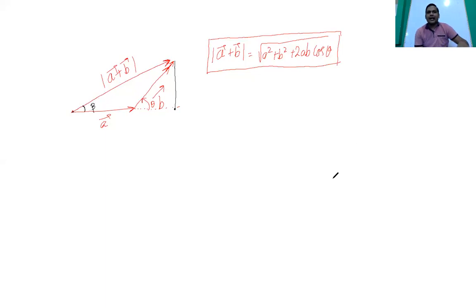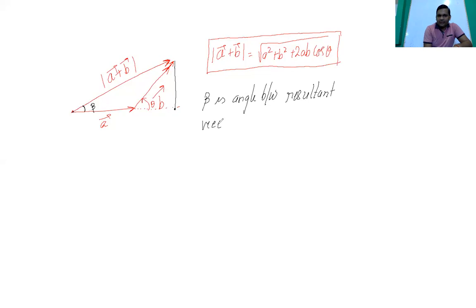Beta is the angle between the resultant vector and the horizontal, that is the A vector. Beta is the angle between the resultant vector and the A vector.